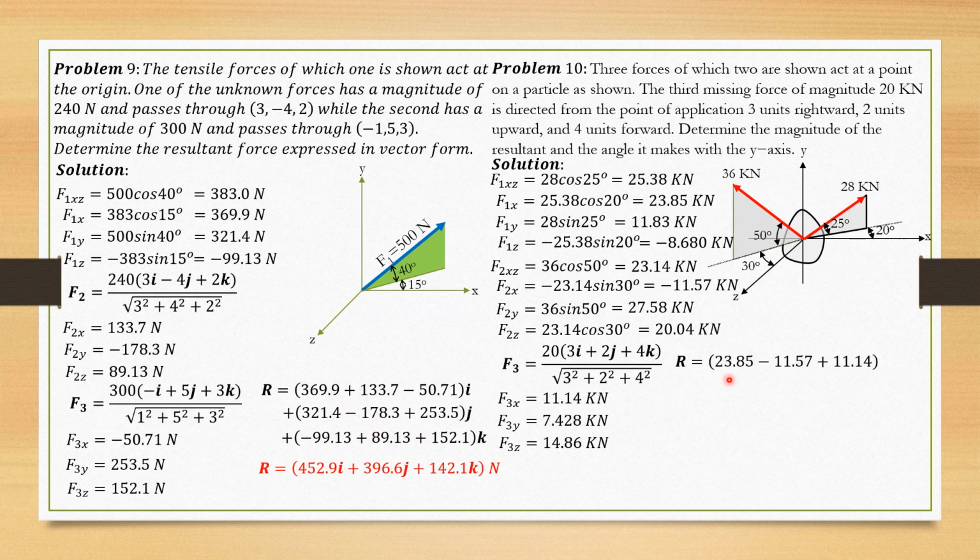So R equals 23.85 plus negative 11.57, then plus 11.14 i, plus quantity 11.83 plus 27.58 plus 7.428 j, then plus quantity negative 8.68 plus 20.04 plus 14.86.